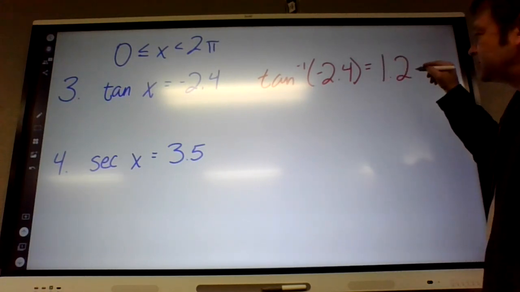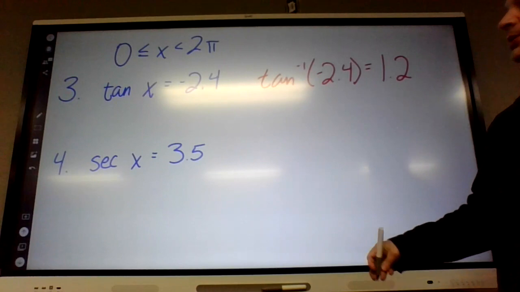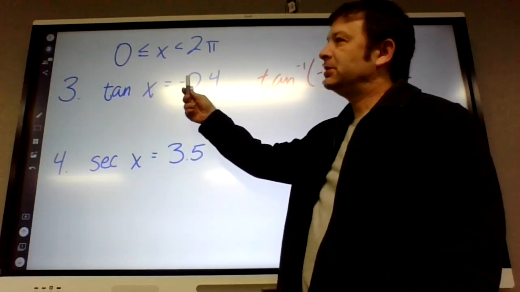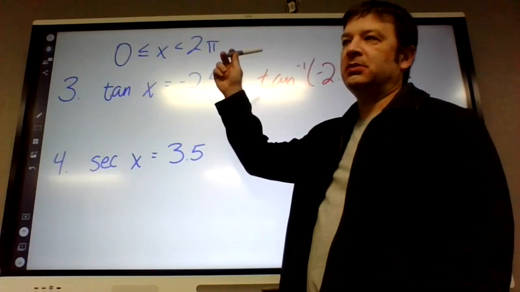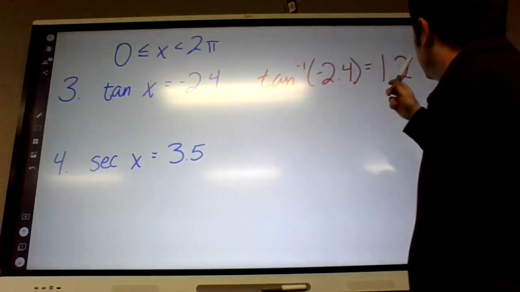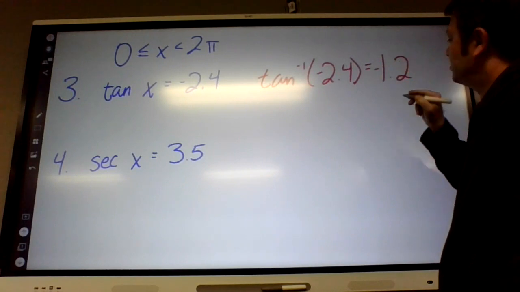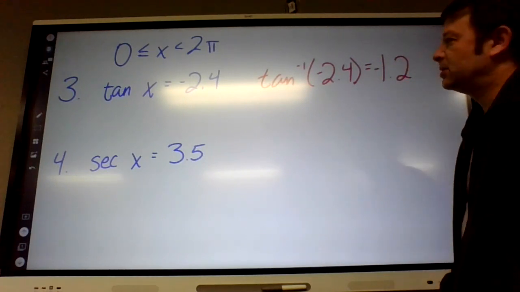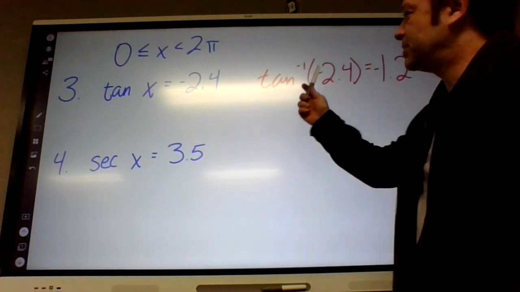Okay. You guys know what quadrant that's in? Well, here's a hint. Where is tangent negative? Did you get negative? Second. Yeah, I got a negative. Oh, sorry, negative. Okay, yeah, that's right.